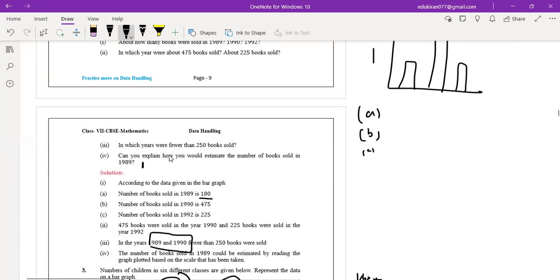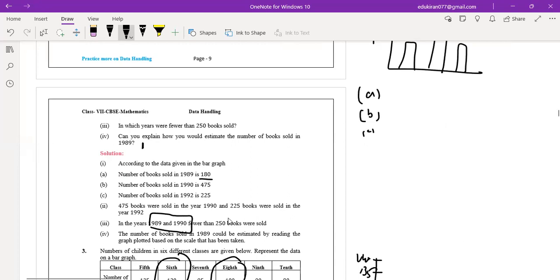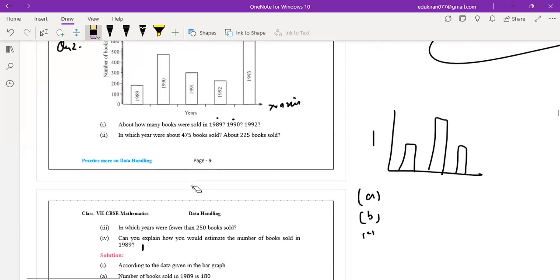Oh, yes. I think they just wrote it by mistake. Ma'am, it's 1992. It's 225, it's less than 250. Clear? Guys, you also got the same?